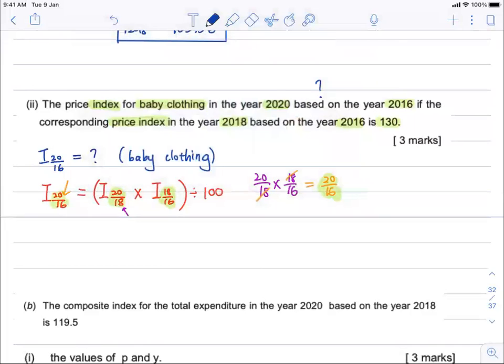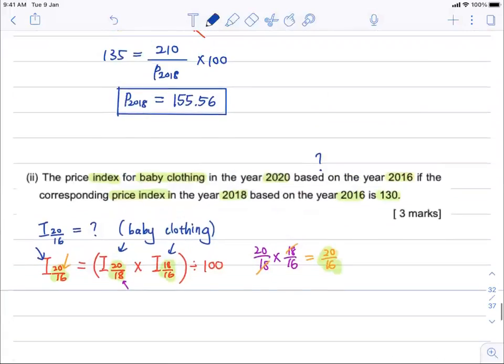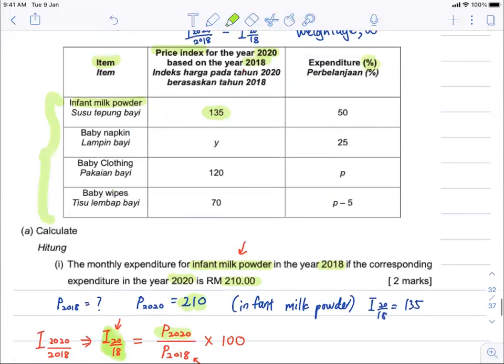So now all we need to do is to find these two. We'll be able to get the answer for the index of 20 based on 2016. For I20 over 18, we need to get from the table for baby clothing. This one is baby clothing.